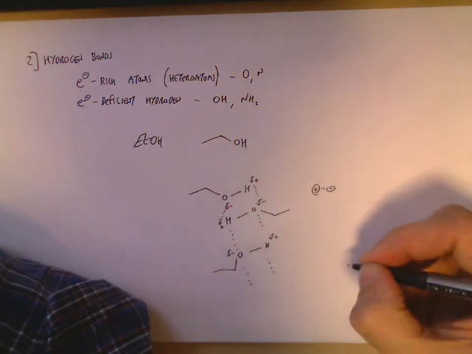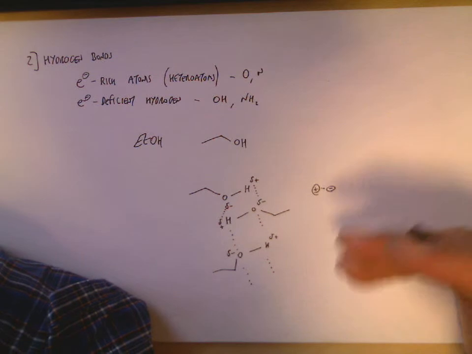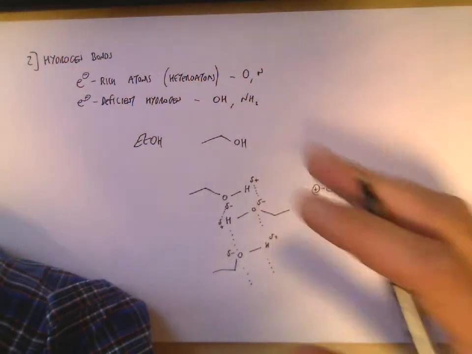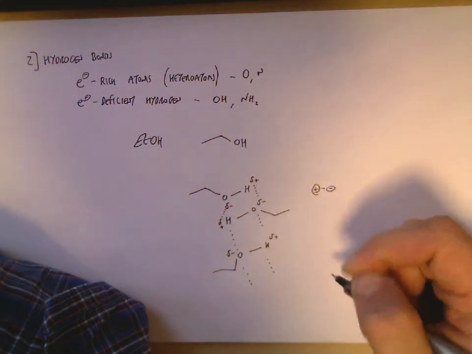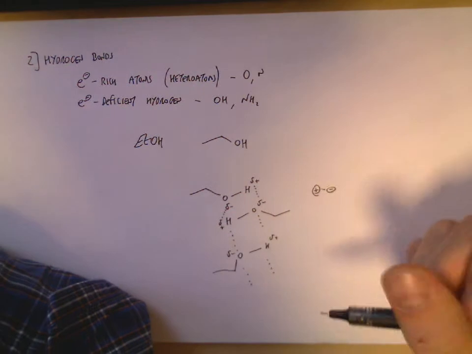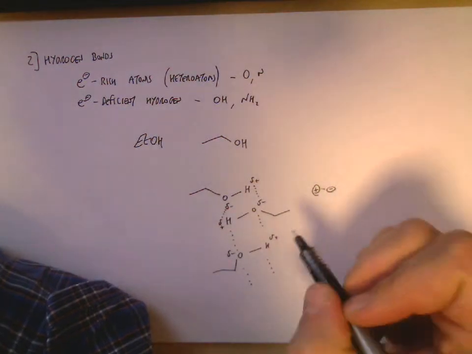And this is exactly why ice, solid water, and steam are all to do with the hydrogen bonds between water molecules, or in this case ethanol is a liquid because of this array of hydrogen bonds.